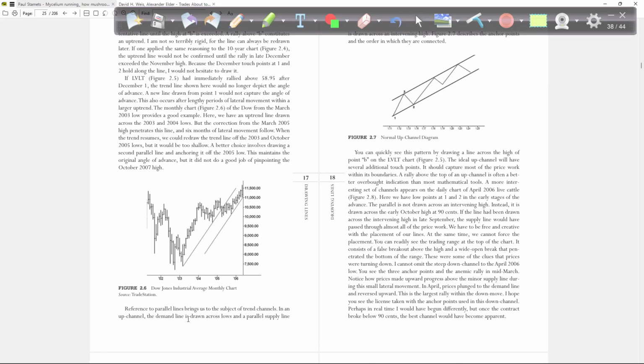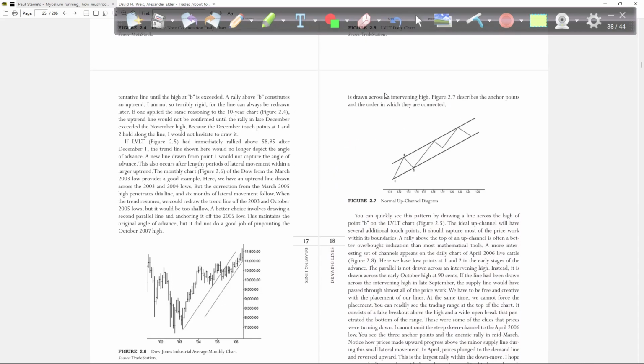Now, reference to parallel lines brings us to the subject of trend channels. In an up channel, the demand line is drawn across lows and a parallel supply line is drawn across an intervening high. Figure 2.7 describes the anchor points and the order in which they are connected.